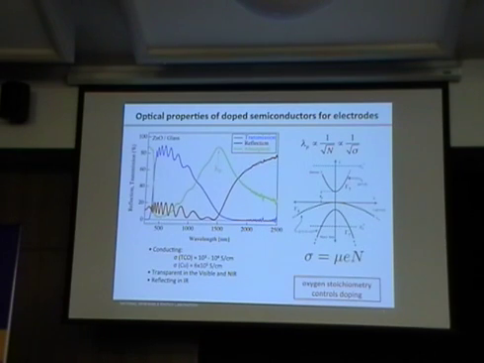Right? But in terms of transparency, we had basically this behavior. And I asked, so we identified basically this onset in the transmission, i.e. the absorption above this, due to what aspect of the material? Semiconductors have what? They have band gaps.